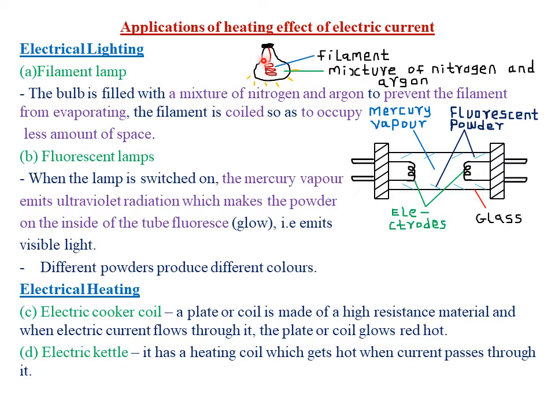That is why when you touch a filament lamp while the circuit is closed, or when the current is flowing through it, you'll realize that its temperature will rise, and the bulb will feel hotter, because most of the electrical energy is converted into light energy, although some of the energy is lost in form of heat. That is to say, some of the electrical energy is converted into heat.